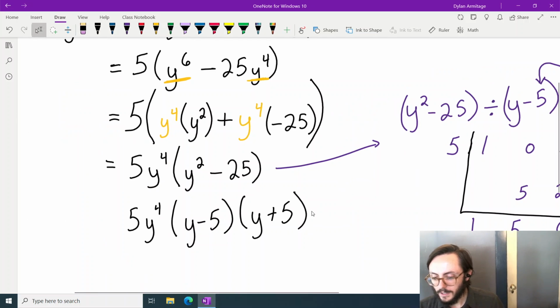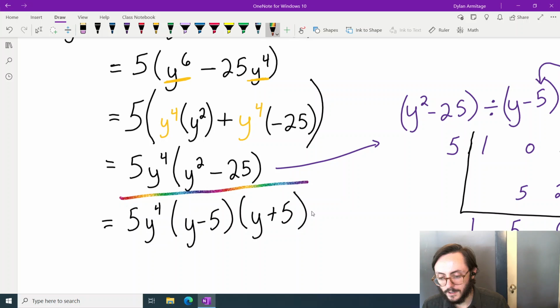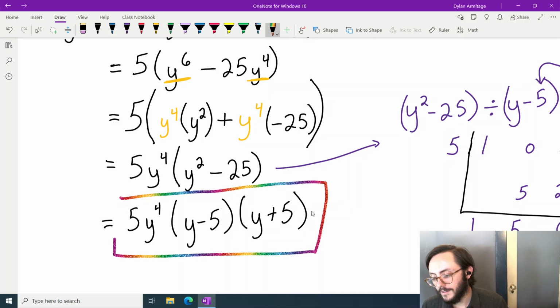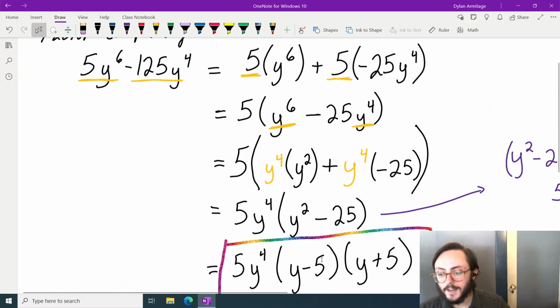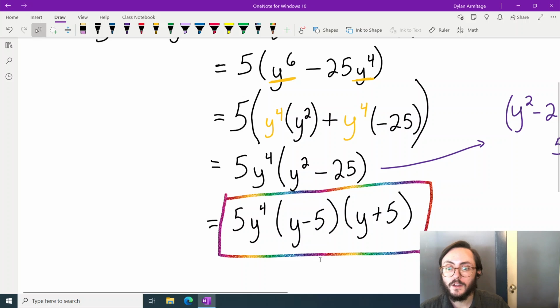So now we are down to our answer. That is our original problem: 5y to the 6th minus 125y to the 4th, factored completely, is 5y to the 4th times y minus 5 times y plus 5.